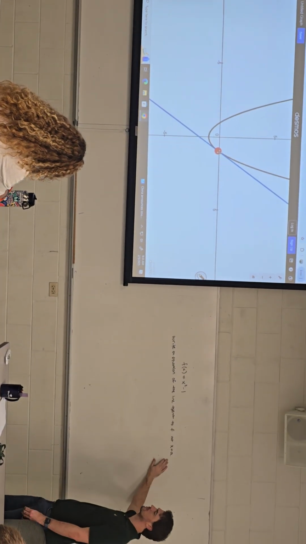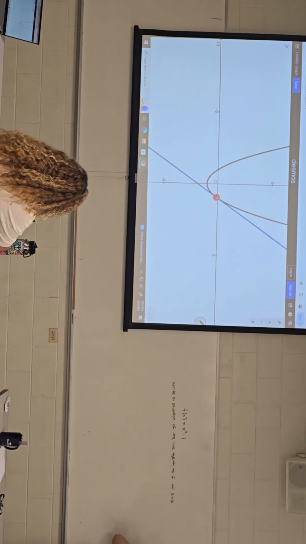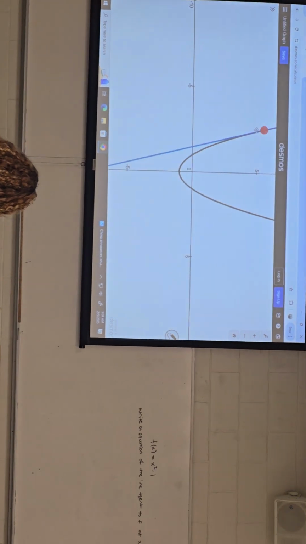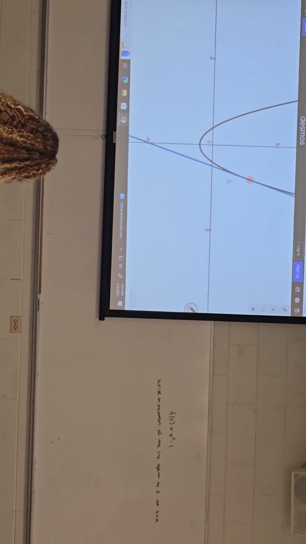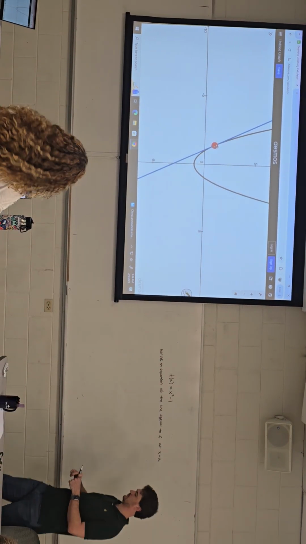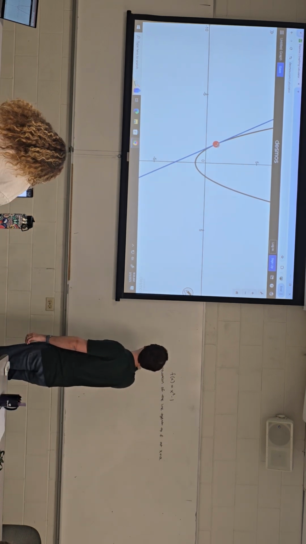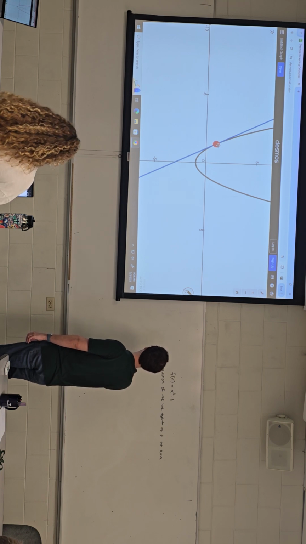At x equals a, so some general value. And now we can create this tangent line in Desmos by using some arbitrary a value. So the point, to build a tangent line, we need a point, we need a slope.